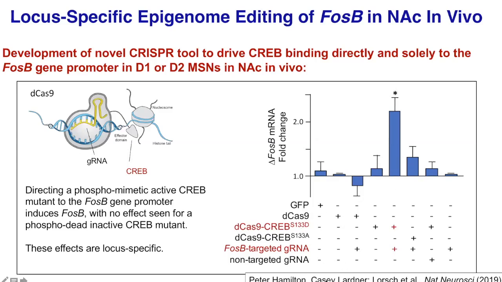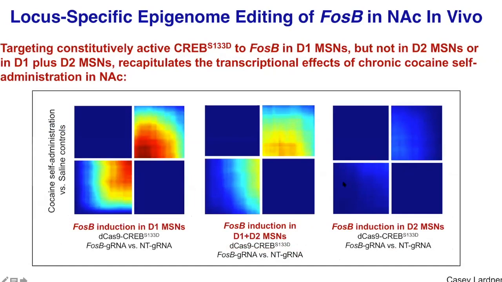So what Casey Lardner has done for her thesis, this is an advertisement for what you'll hear from Casey in July, now using RNA sequencing from tissue taken from animals, where Casey is overexpressing these CRISPR constructs selectively in D1 medium spiny neurons, in D2 medium spiny neurons, or in both cell types.